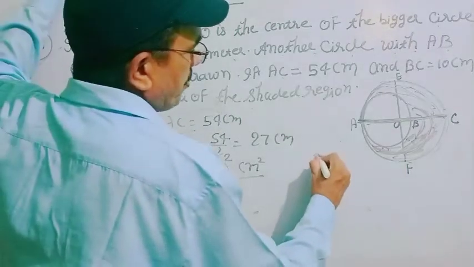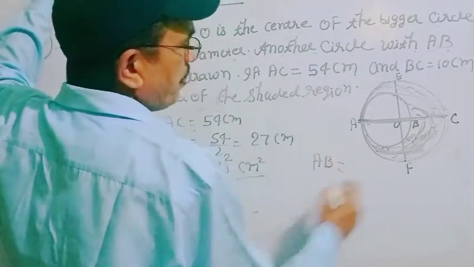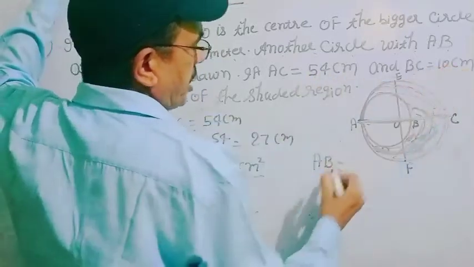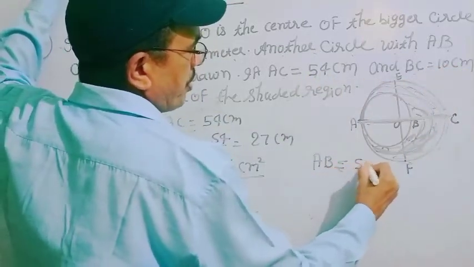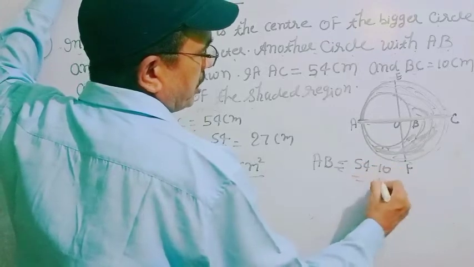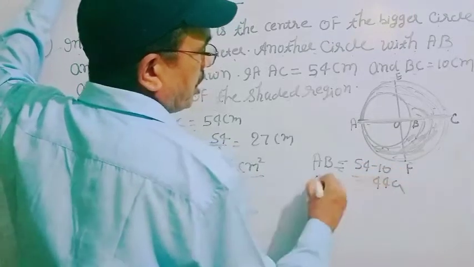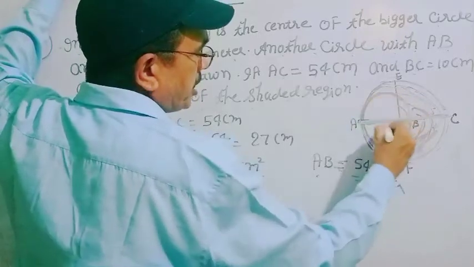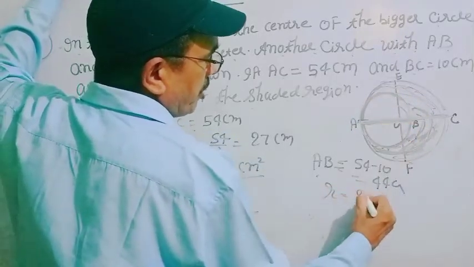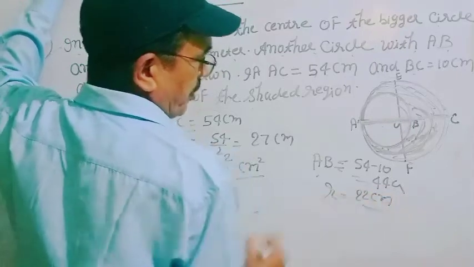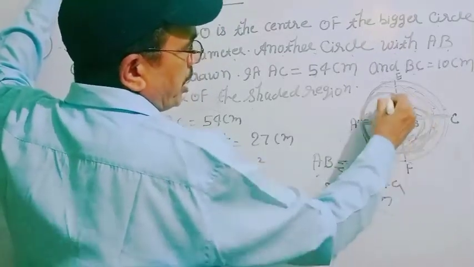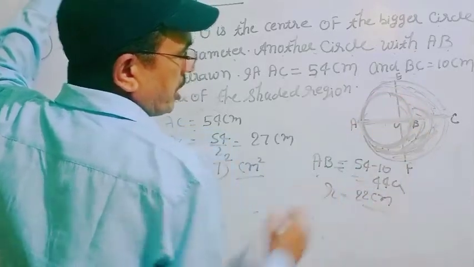Similarly, if AC is 54 and BC is 10, then AB is equal to 54 minus 10, that is 44 cm. If AB is the diameter of this small circle, then the radius is 22 cm.